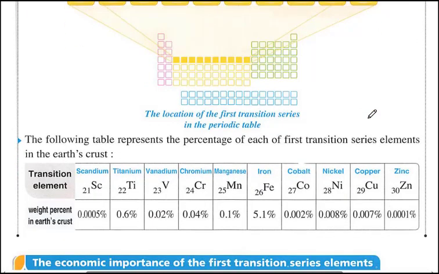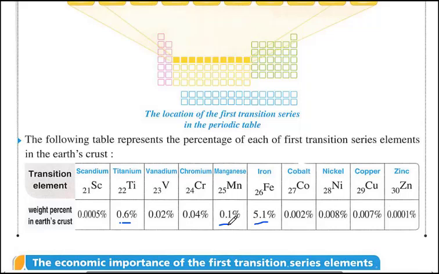Okay, these are the percentages of these elements in the earth's crust. Summing all their percentages, the elements of the first transition series form nearly 7% of the earth's crust, but they have very important uses. The most abundant of them is iron at 5.1%, and after that comes titanium at 0.6%, and after that manganese.